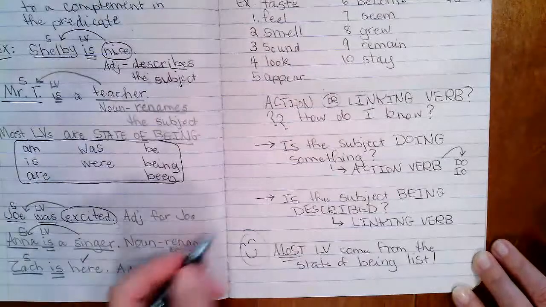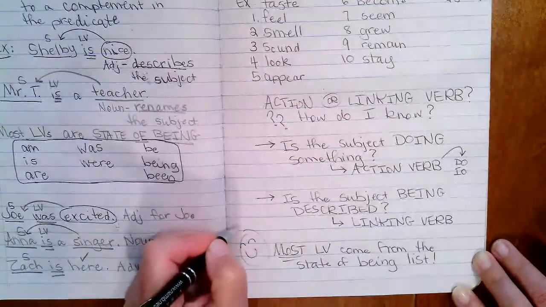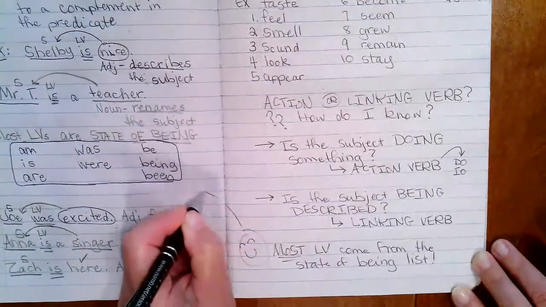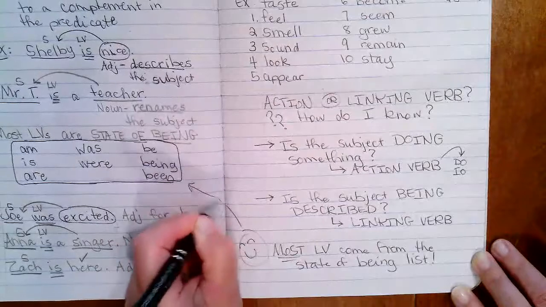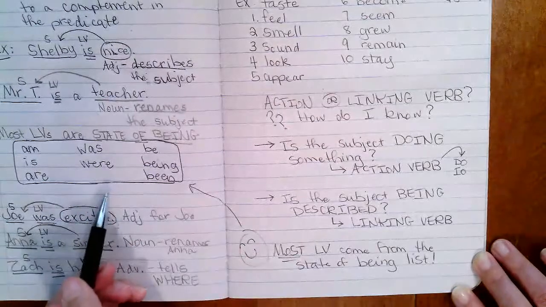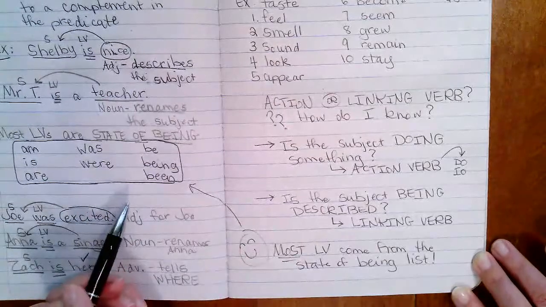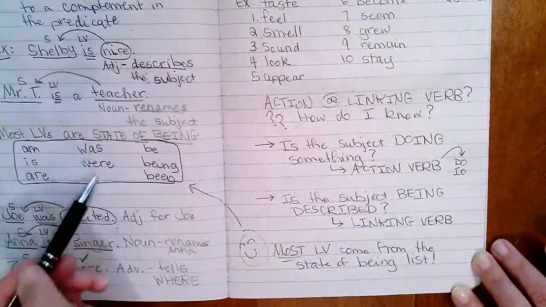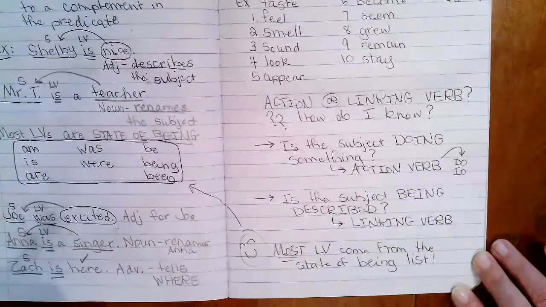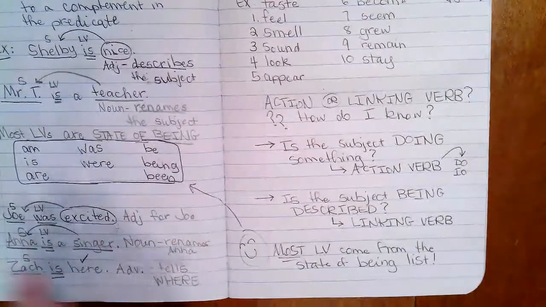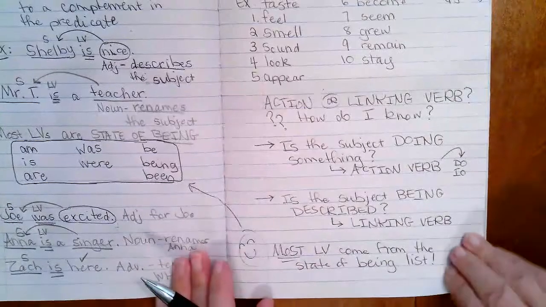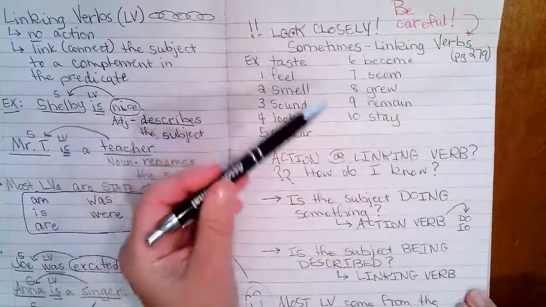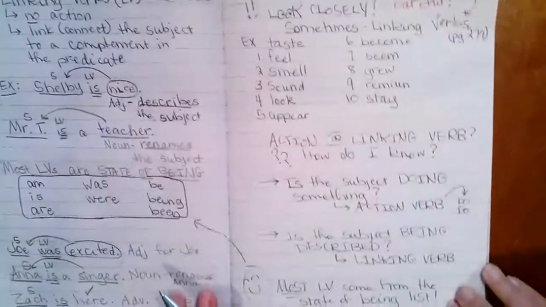Okay. So most of them, I'm glad that these were on a page where they could be side by side. Most of them come from this list, and you guys know this list: am, is, are, was, were, be, being, and been.